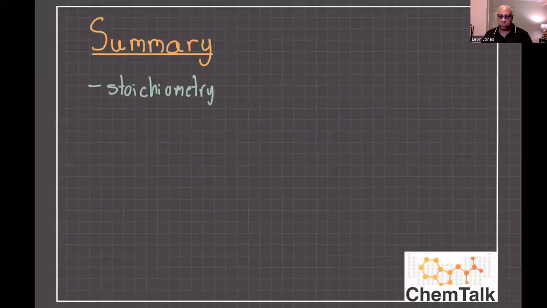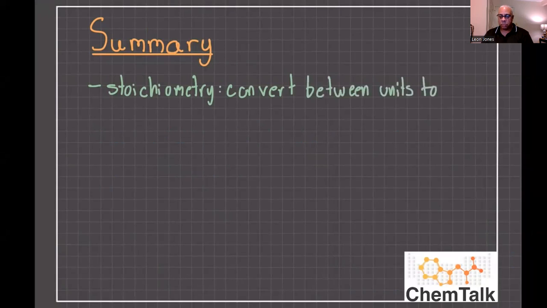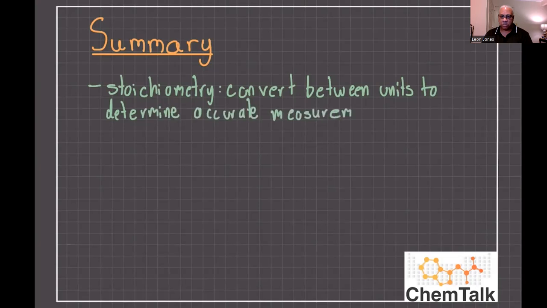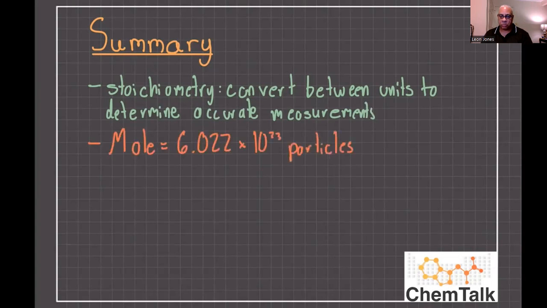In this video, we learned that stoichiometry allows chemists to convert between units and determine accurate measurements. We also learned that a mole is 6.022 times 10 to the 23rd particles, but it also allows us to do fluid conversions between units and measurements, such as atoms, molecules, ions, or grams.